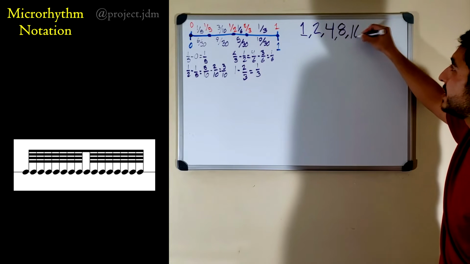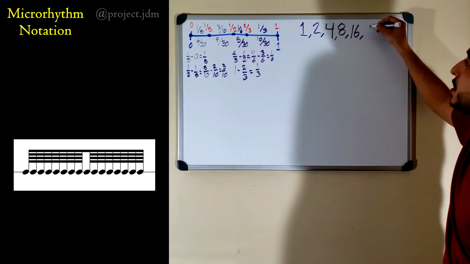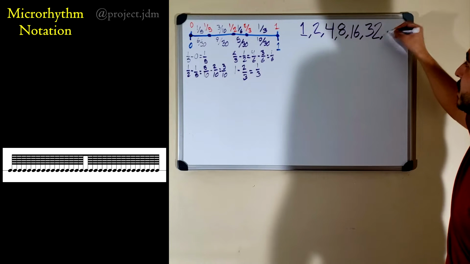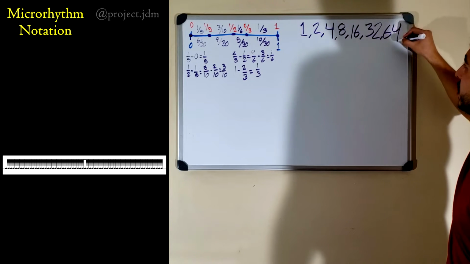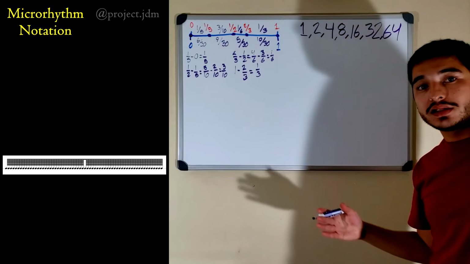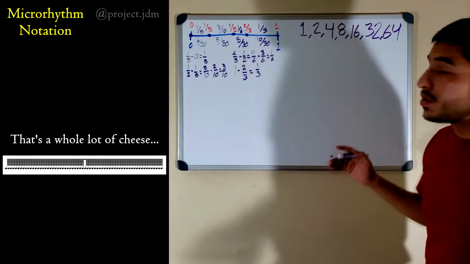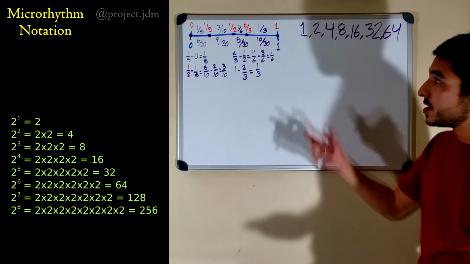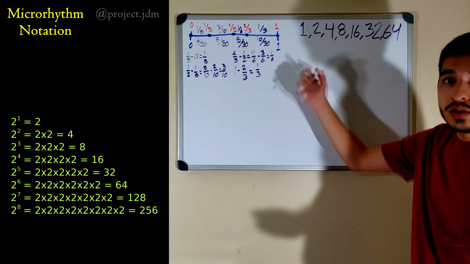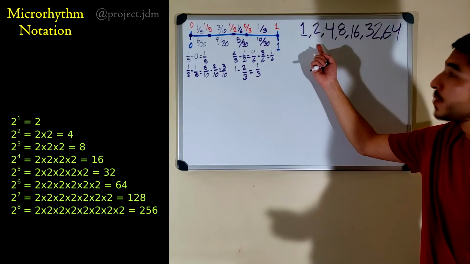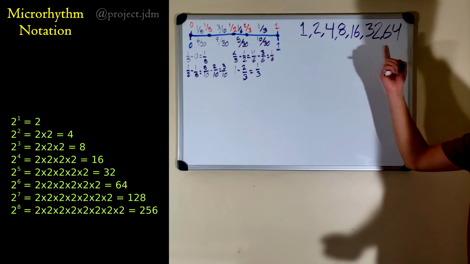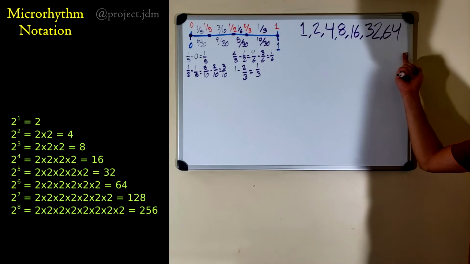Or 16 64th notes, 32 128th notes, or 64 256th notes, and so forth. So these are all just powers of 2. This is 2 to the power of 0, which is 1. 2 to the power of 1 is 2. 2 to the power of 2 is 4. And this is 2 to the power of 3, 2 to the power of 4, and so forth.